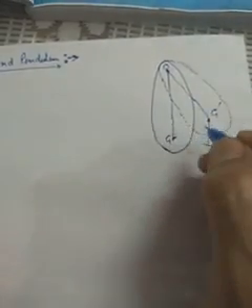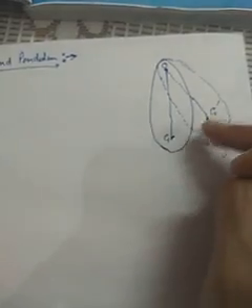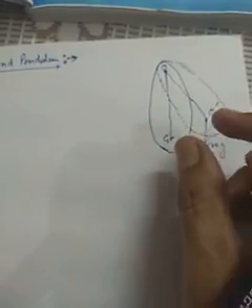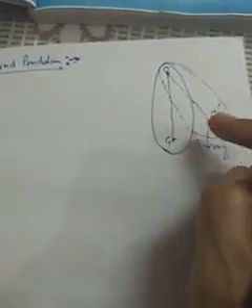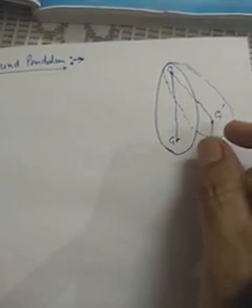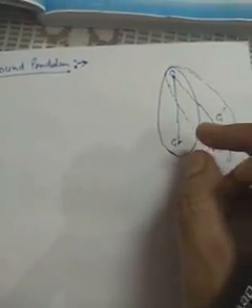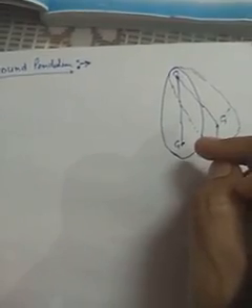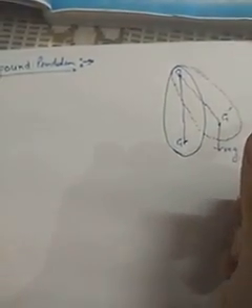Instead, we will say a restoring torque. In the case of rotational motion, the particular word used is torque, a restoring torque that will be produced here, due to which this rigid body will try to come back to its original position, right?